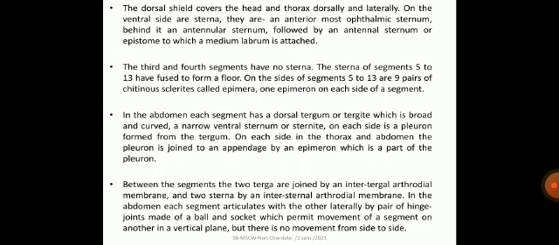Between the segments, the two terga are joined by an intertergal arthrodial membrane and two sterna by an intersternal arthrodial membrane. In the abdomen, each segment articulates with the other laterally by a pair of hinge joints made up of ball and socket, which permit movement of a segment on another in a vertical plane, but there is no movement from side to side.